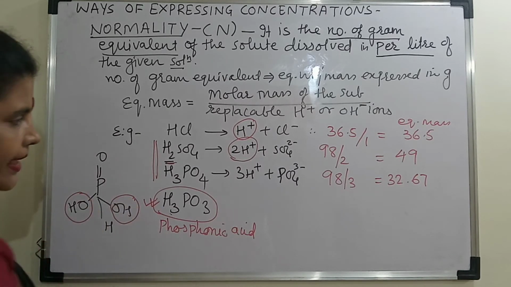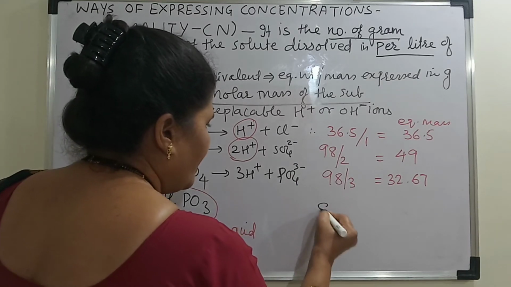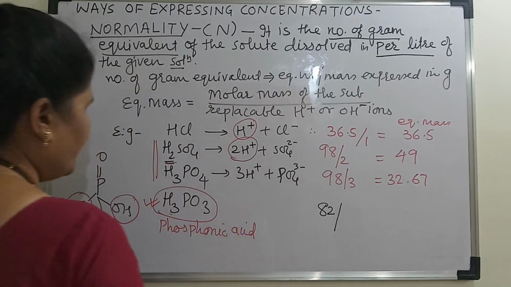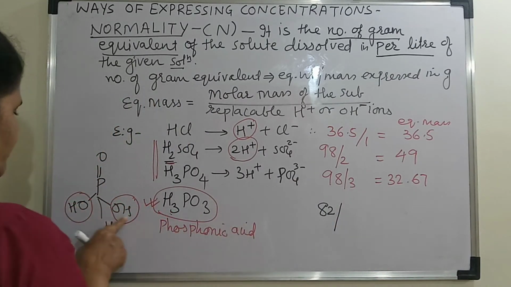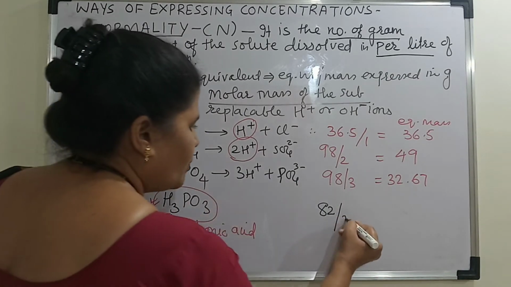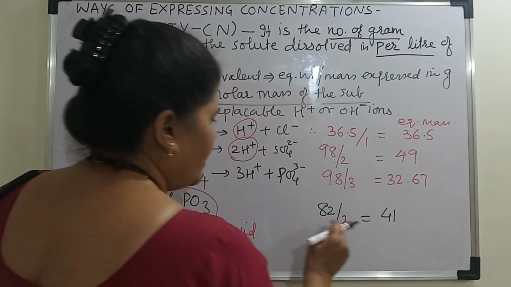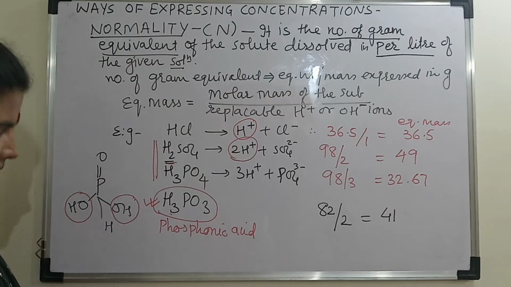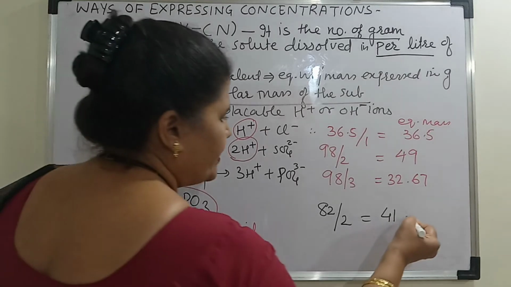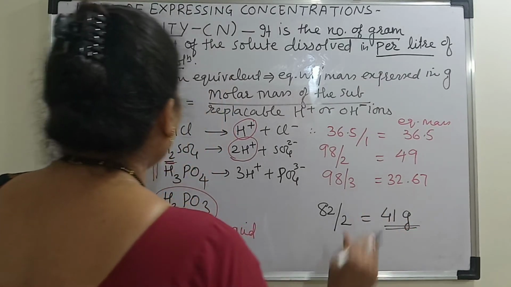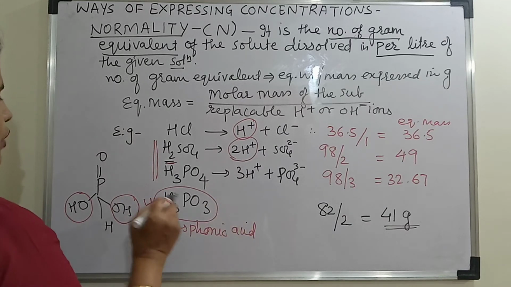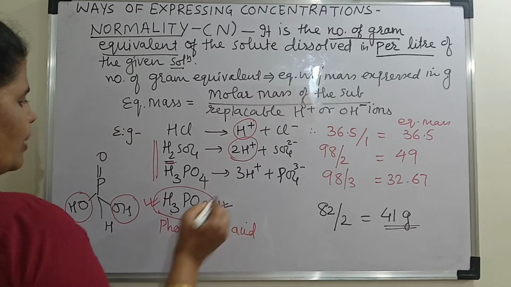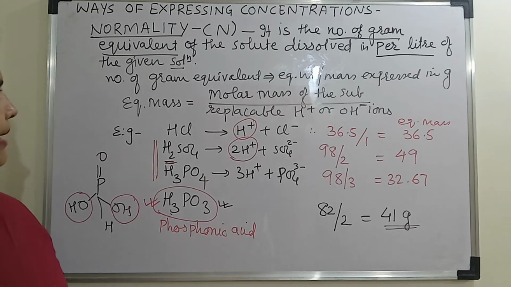So if I calculate its molar mass, it will be 82 divided by, according to the formula, it should be 3, which will be wrong. So it must be divided by 2. So the molar mass here is 82, while its equivalent mass will be 41 grams. So to calculate equivalent mass for the molecules, it is always better to draw the structure for the oxo acids.